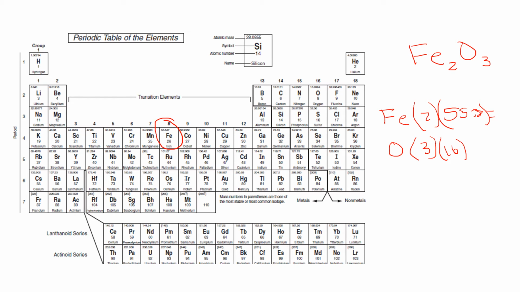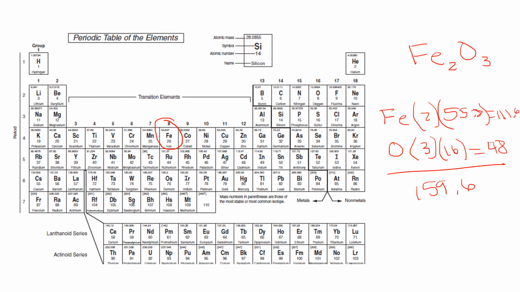So when I multiply 2 times 55.8, I get 111.6, and 3 times 16 gives me 48. Add those 2 together, and you should get 159.6.